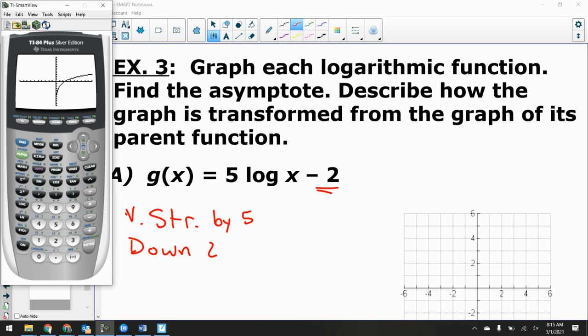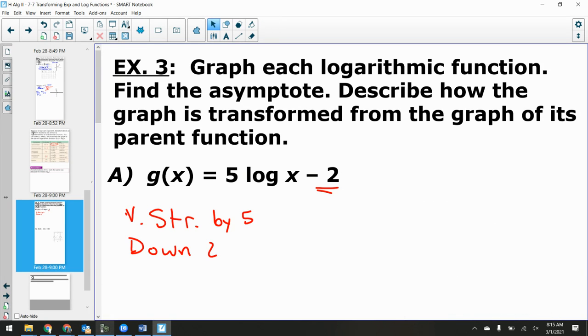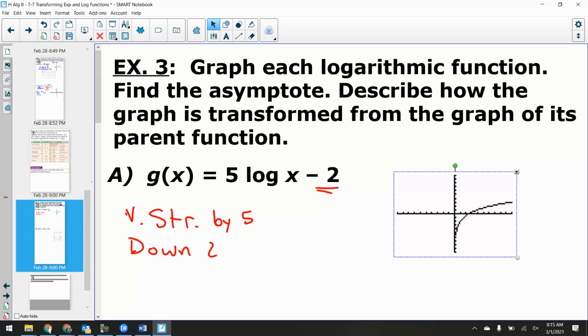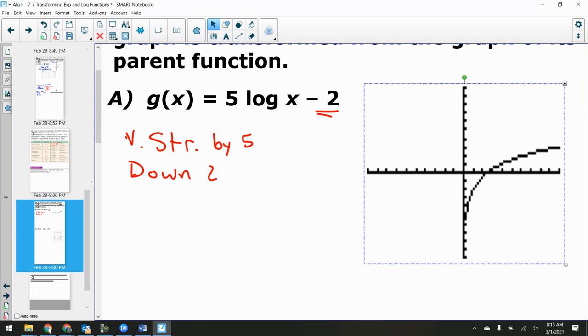Okay, now let me ask you this. Think about where the asymptote was for a logarithm. You know, the asymptote for an exponential was at y equals 0.